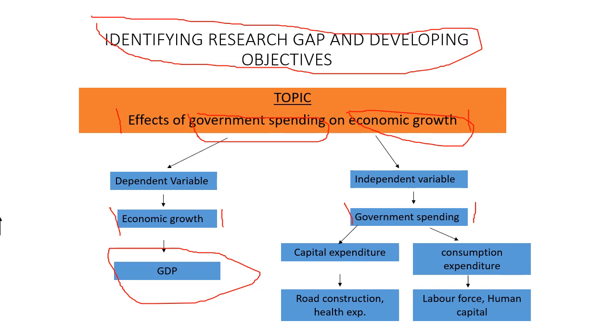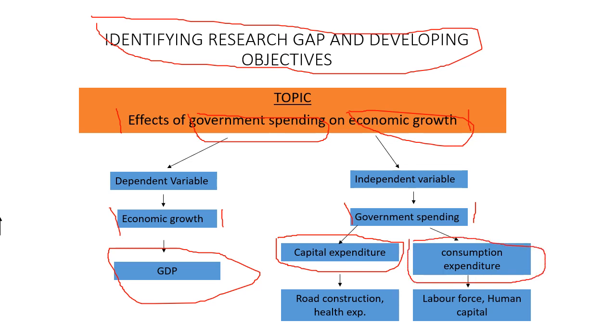Within government spending, government spends on three major areas in the economy. But for the purpose of our discussion, we are only looking at two of them. Government spends on capital expenditure. That is one. Again, government spends on consumption expenditure.